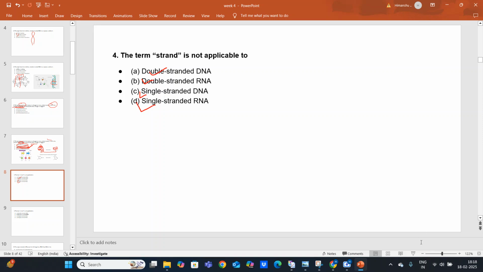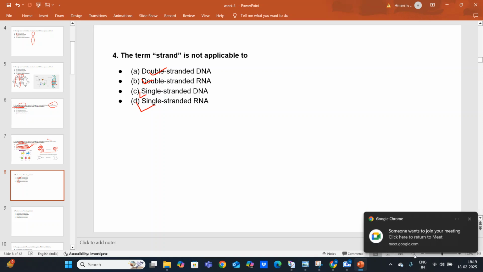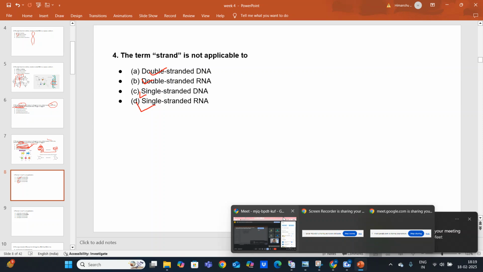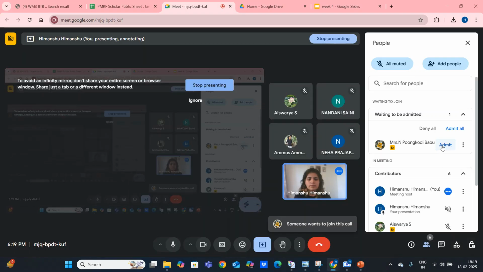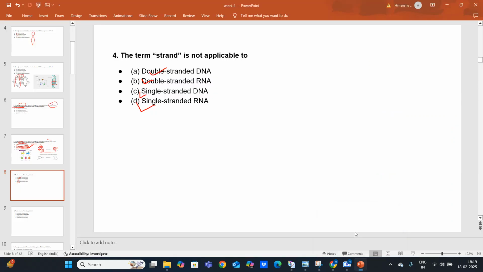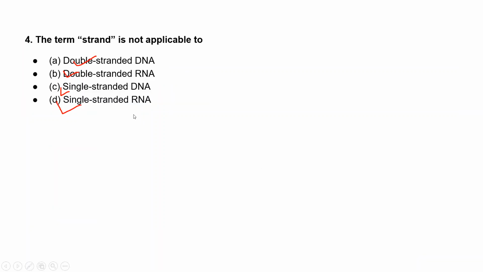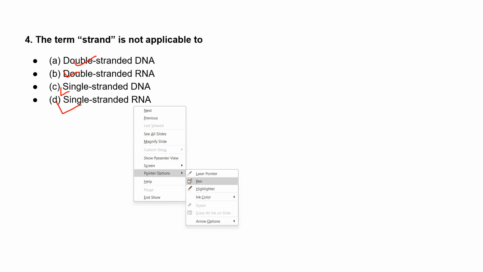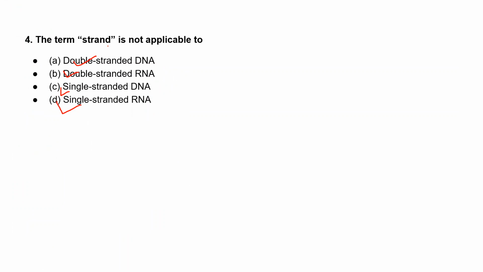So the term strand is not applicable to. Anyone wants to answer for this question? The term strand is not applicable to double stranded DNA, double stranded RNA, single stranded DNA, or single stranded RNA.